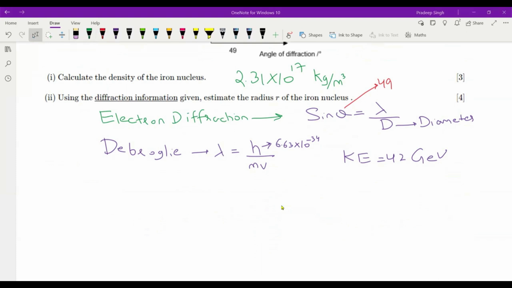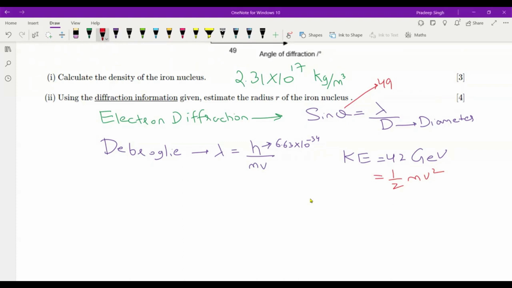Let me check. There is a small error there. So how did you find lambda? I did the kinetic energy is equal to half mv squared and then found v. And what did you then find? I just found the v.